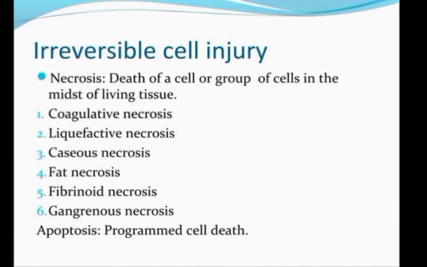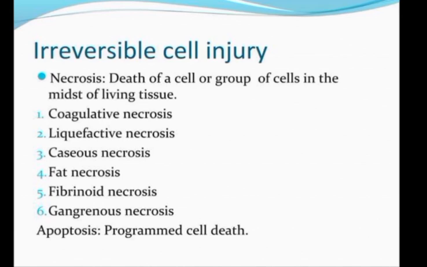Mechanism of carbon tetrachloride toxicity: it is metabolized by liver cytochrome P450 and converted into a free radical. This free radical initiates lipid peroxidation, and severe liver damage and necrosis occur.